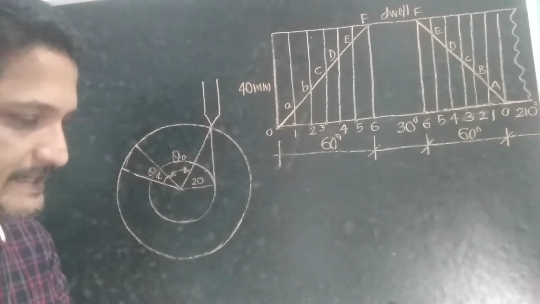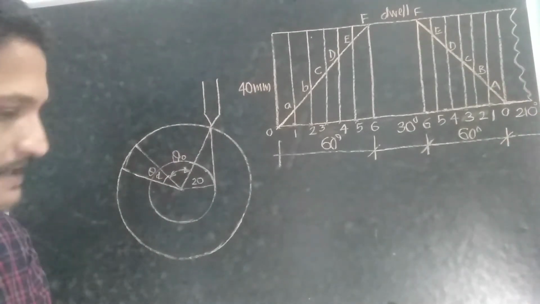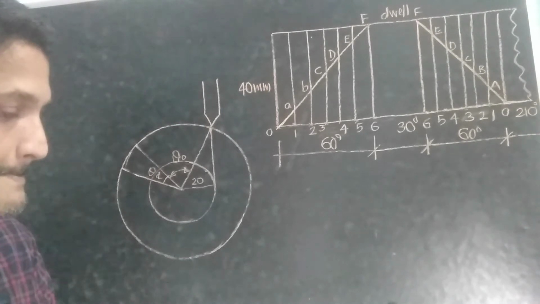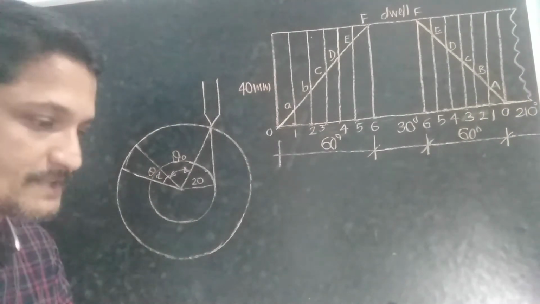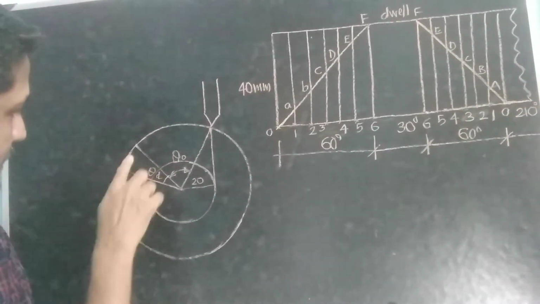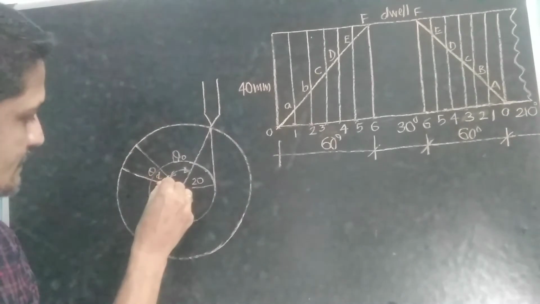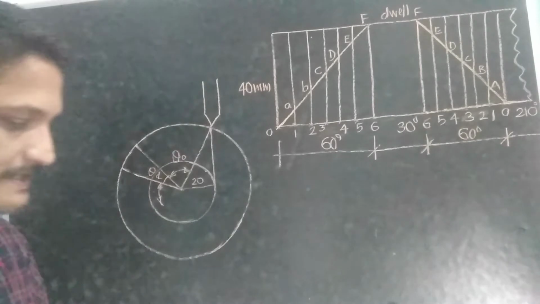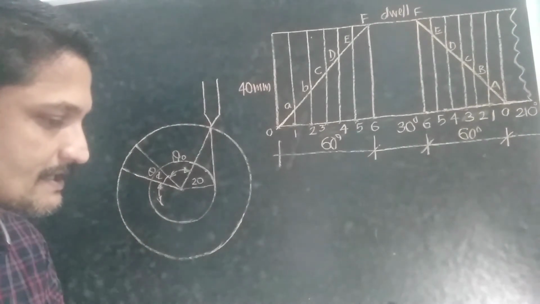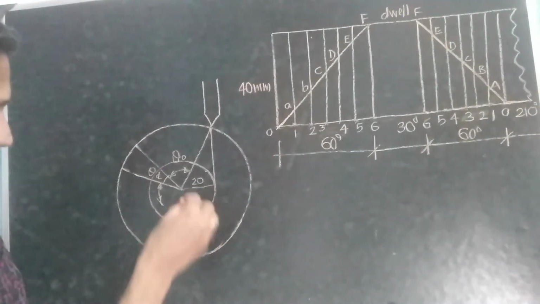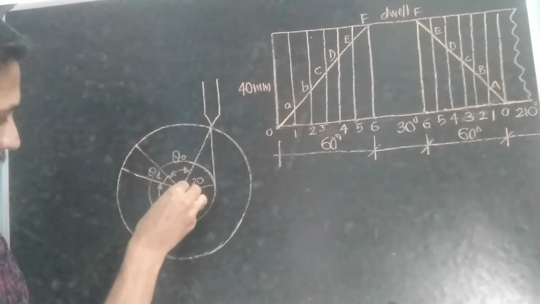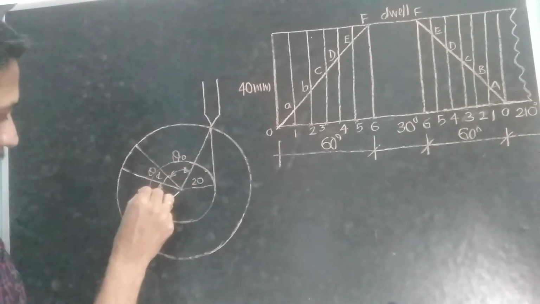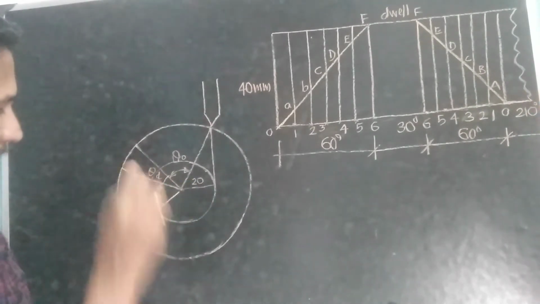Next 60 degrees is the return stroke of the cam. We draw that 60 degrees up to this particular line, and that is equal to the return stroke angle, theta r.